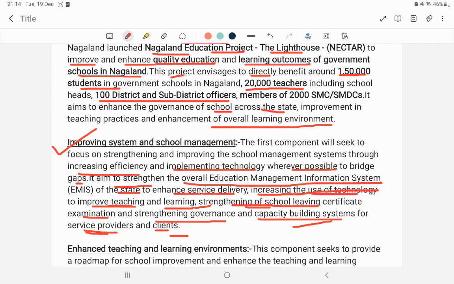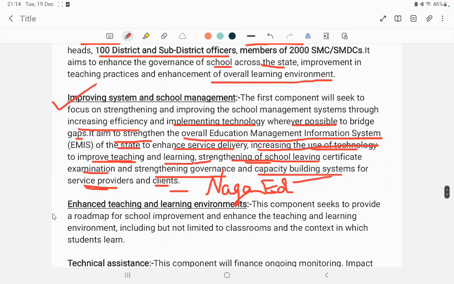For example, Naga 8 connect, as you must have come across. Naga 8 is a startup in Nagaland that helps the school education department create various teaching learning programs for students. Next is enhancing the teaching learning environment.